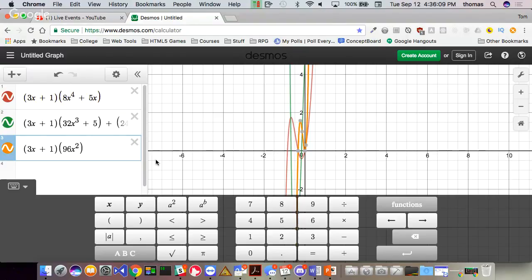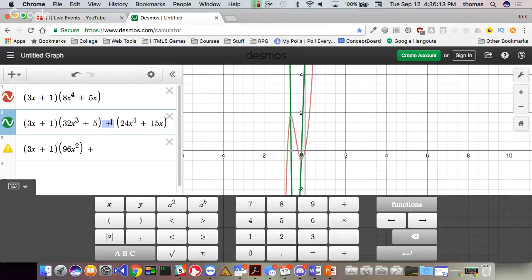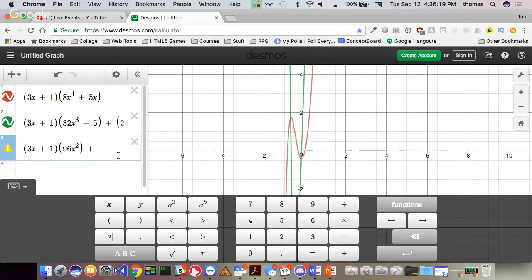Plus, and what's the second part? Let me see if I can expand this. We're still doing this part, right? So plus the derivative of the first, which is 3, times the second, in its entirety. So I might as well just copy and paste.